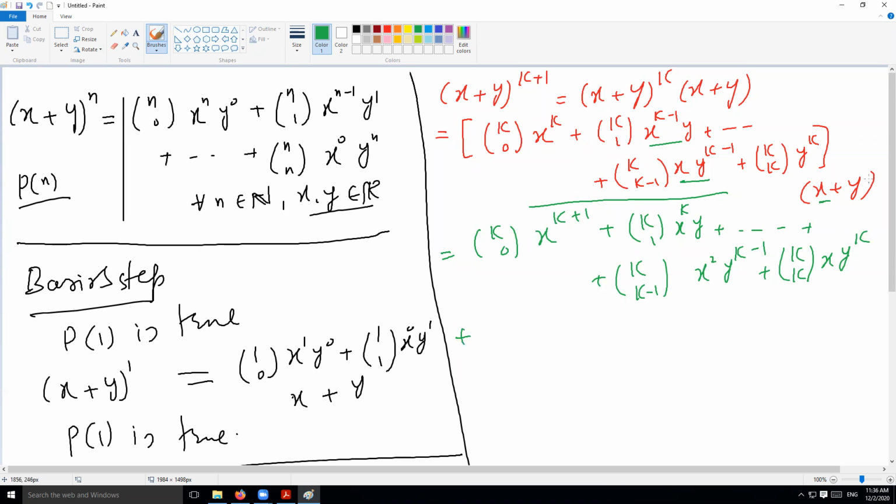plus then I have to multiply y with all of these. So let me use some other color for doing it.